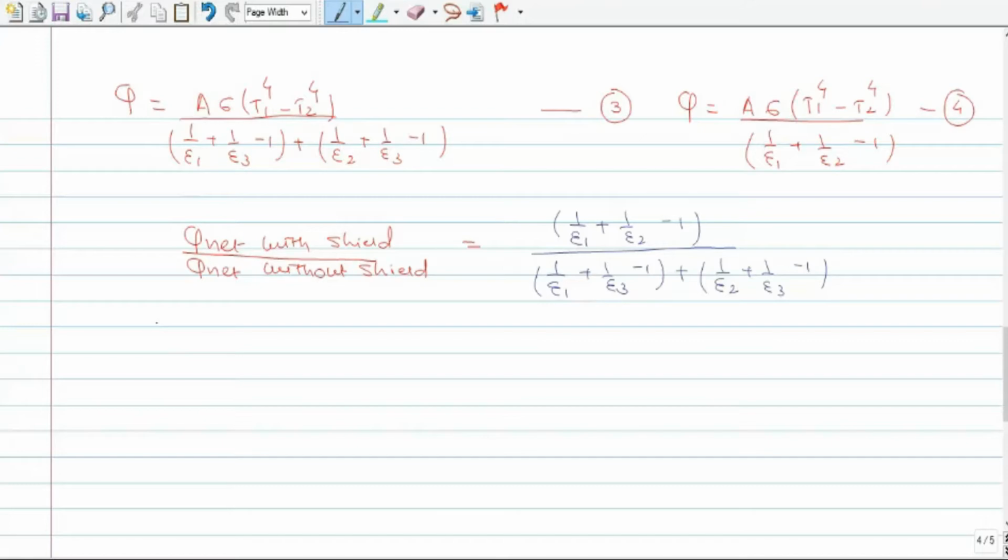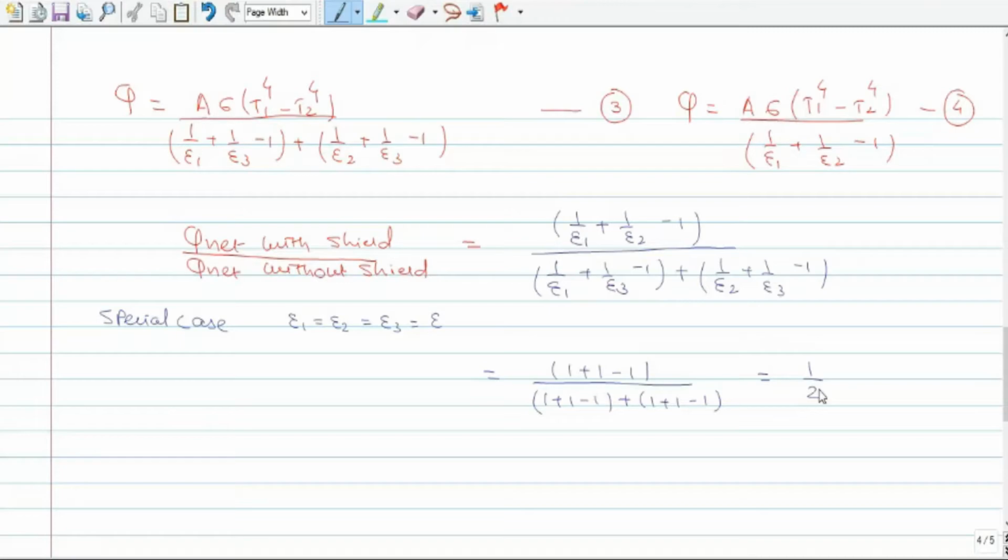Now let us discuss the special case, that E1 equals E2 equals E3 equals E. So our expression becomes 1 plus 1 minus 1 divided by 1 plus 1 minus 1 plus 1 plus 1 minus 1, and finally we get 1 by 2.